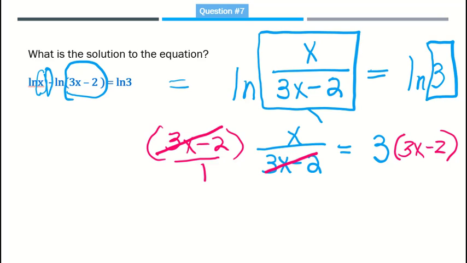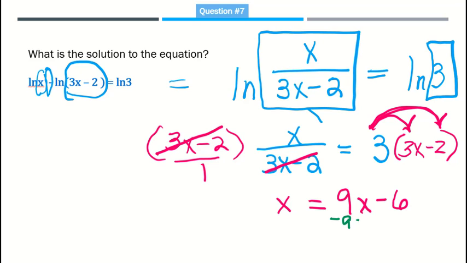So on the left hand side we just have x equals, and on the right hand side distribute carefully. 3 times 3x is 9x, and then 3 times negative 2 is negative 6. Alright, the next step, it's really your choice, I'm going to go ahead and subtract 9x from both sides.